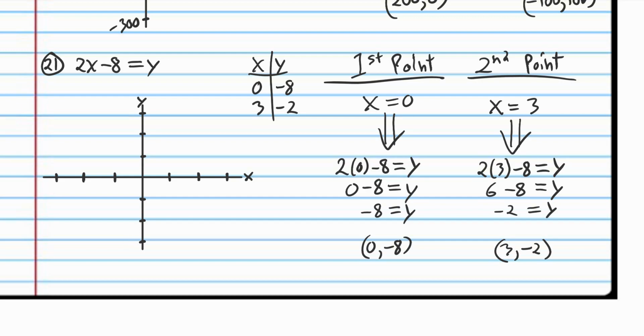So 1, 2, 3, 4, 5, we're going to need, I'm going to do 4, 8, 12. So I'm going to make this 12. So now each division is 4. So 4, 8, 12. So we got 0, negative 8.